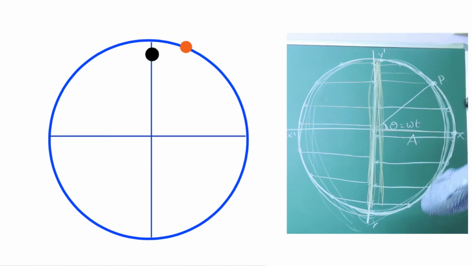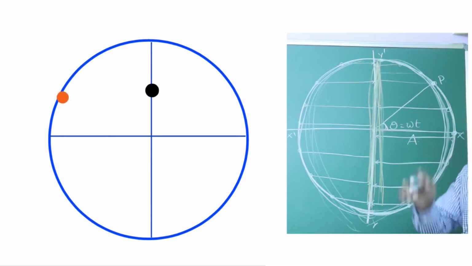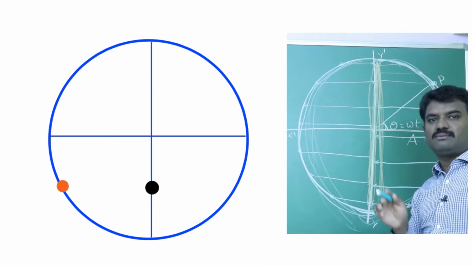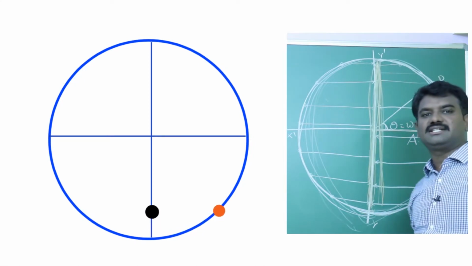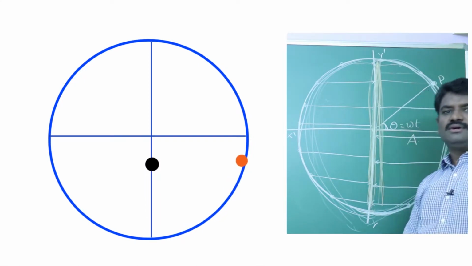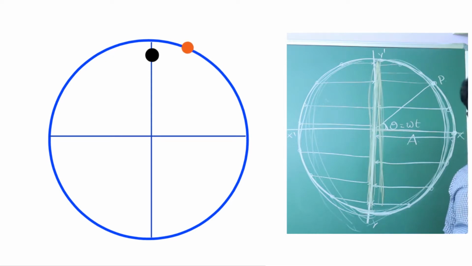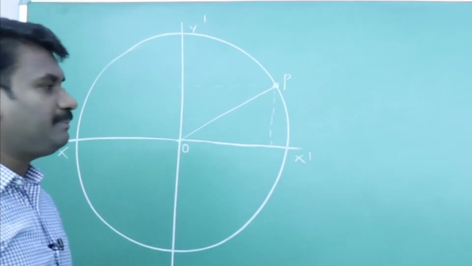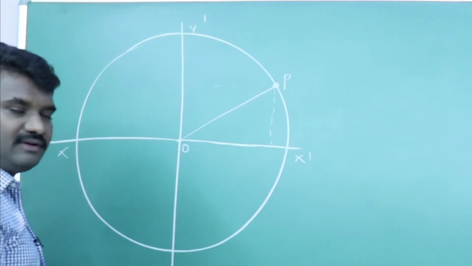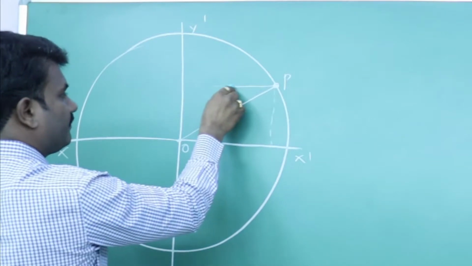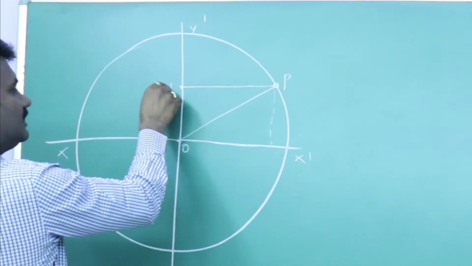That means one circular motion is equal to one oscillation of the projection. So our first condition is verified. Now we have to verify the remaining conditions. Now, if I draw a perpendicular line on Y dash from P, it hits at N.